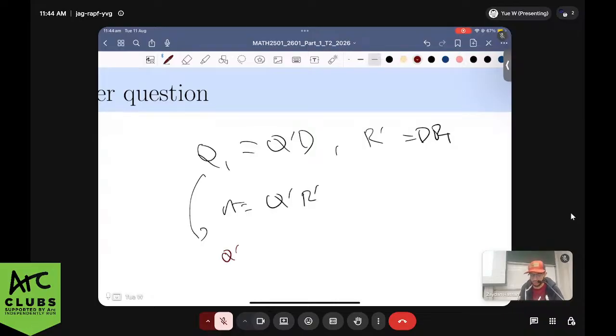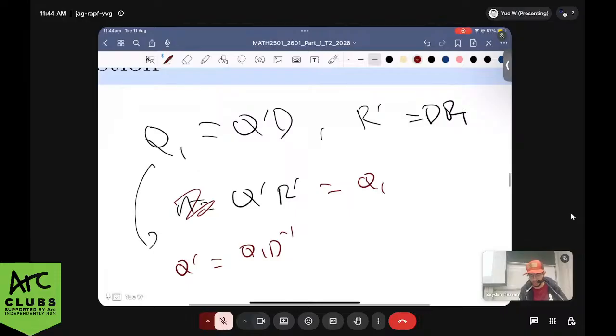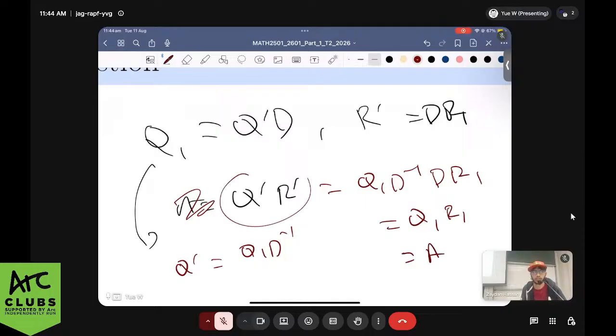Q prime equals Q1 D inverse, and R prime is D R1. So Q prime R prime should be Q1 D inverse times D R1. You can see that the D's cancel, you get Q1 R1. And this is a QR factorization for A by our assumption, so this is equal to A. That's what they defined it as. So this does actually still give you A.